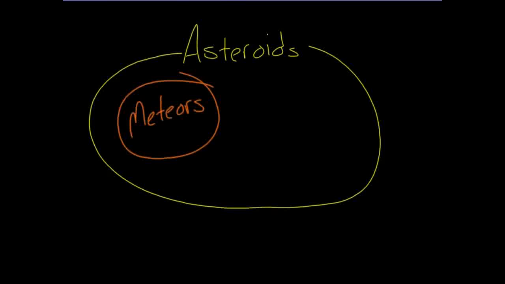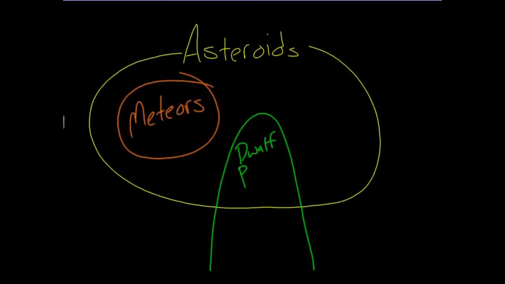And some of our dwarf planets. So we'd have some dwarf planets that would be considered asteroids, and anything else that's around the orbit of Jupiter that might have been classified as other things. So we have some other stuff like various gas, dust, just stuff floating in space.